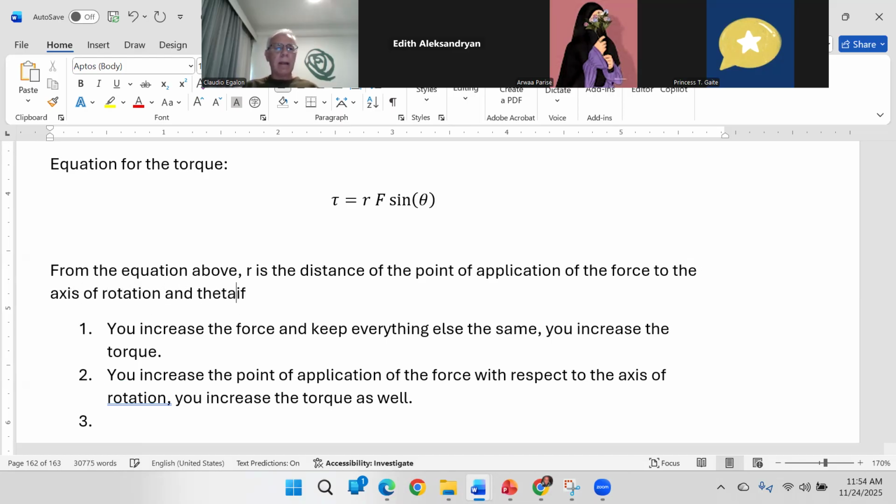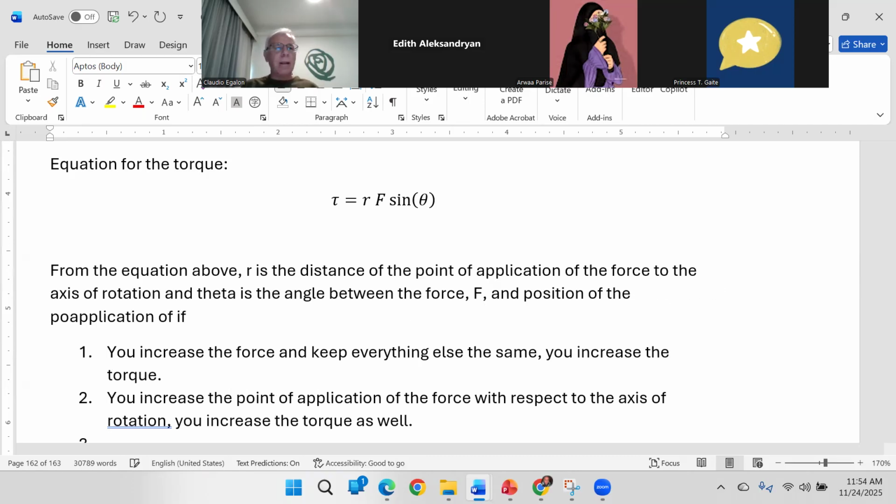And theta is the angle between the force vector F and the position vector, the position of the point of application of the force.